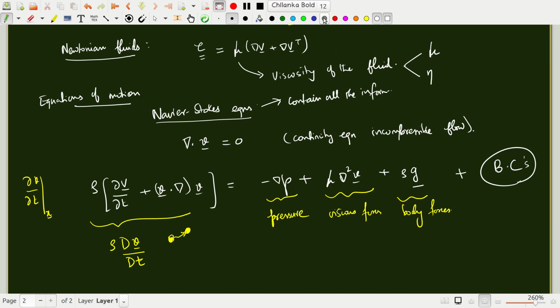Now, one of the main issues in obtaining mathematical solutions of the Navier-Stokes equations is the presence of this term.